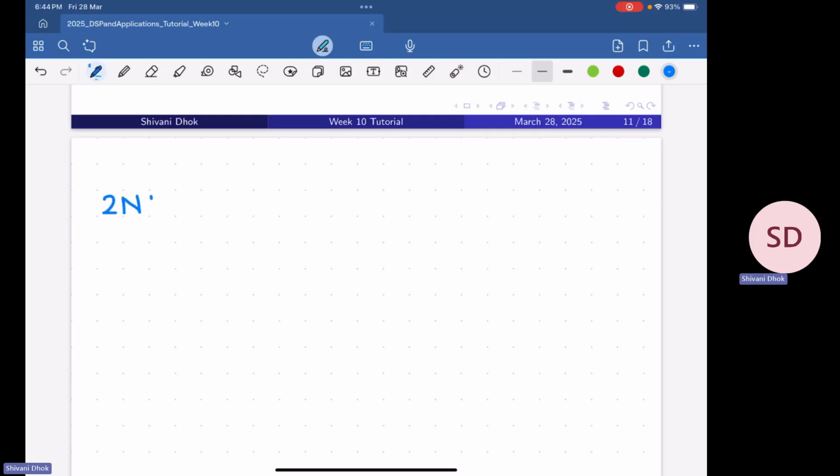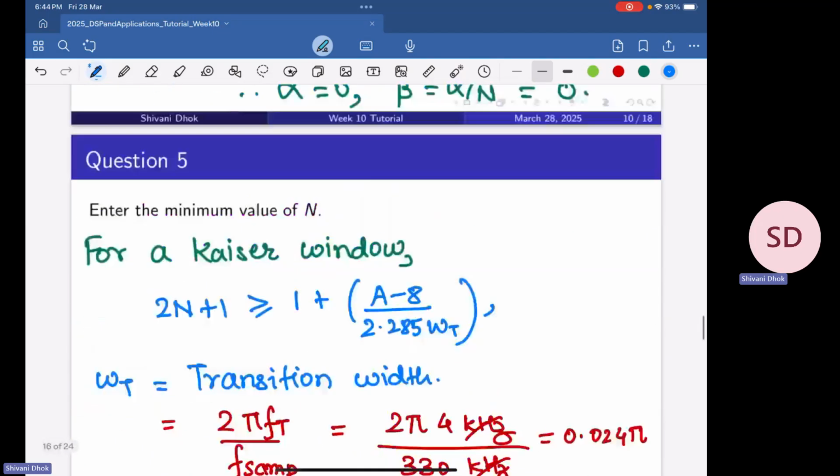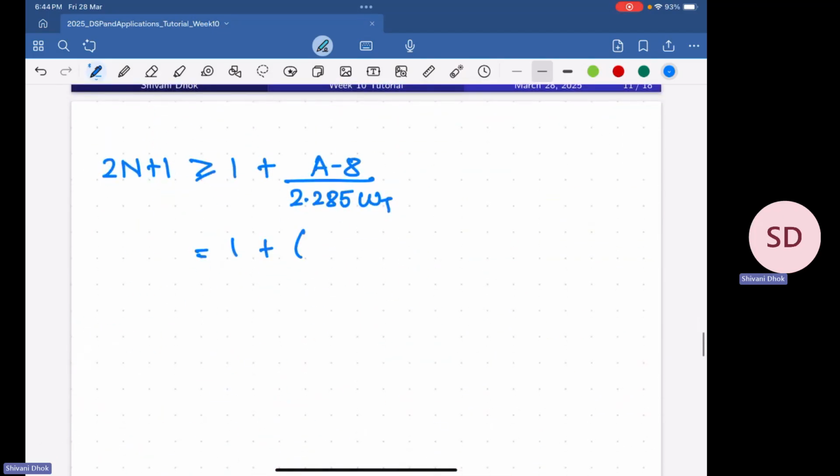We have 2n plus 1 greater than or equal to 1 plus (A minus 8) divided by 2.285 omega t, which is 1 plus (16.478 minus 8) divided by 2.285 multiplied by 0.024 pi.